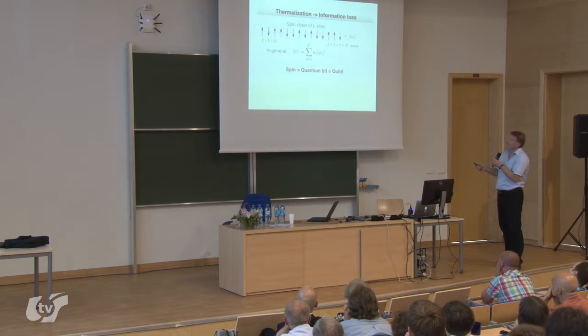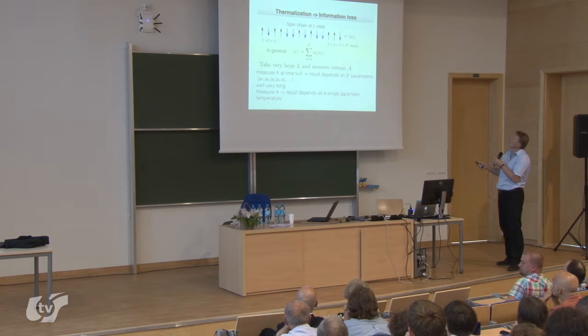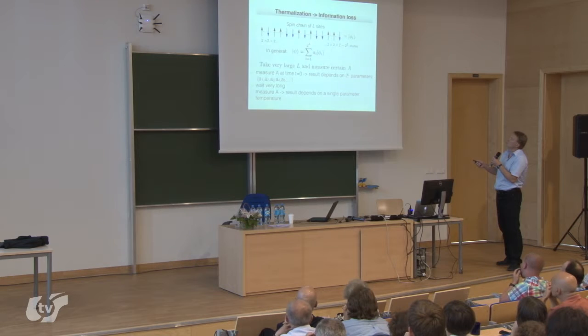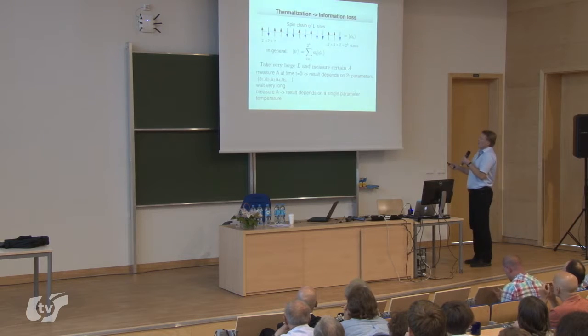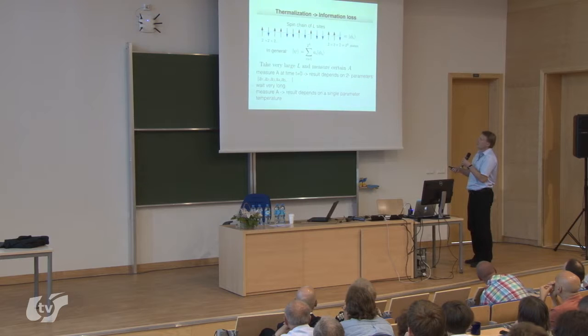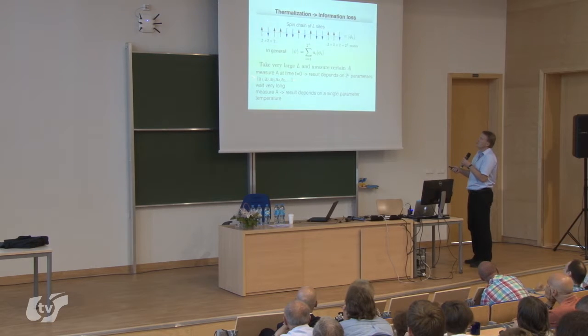To specify the state of the system, we need a lot of data: if we have L qubits, we need 2^L real or complex numbers in general. So in such a system we can write a huge amount of information, so many independent parameters.